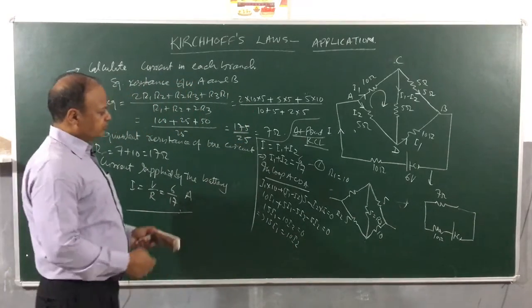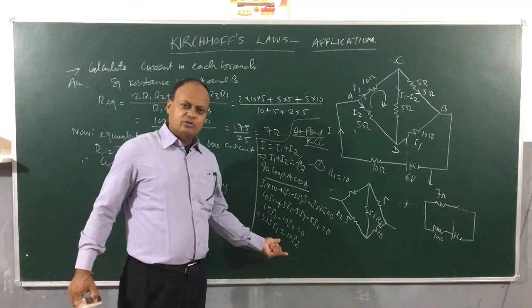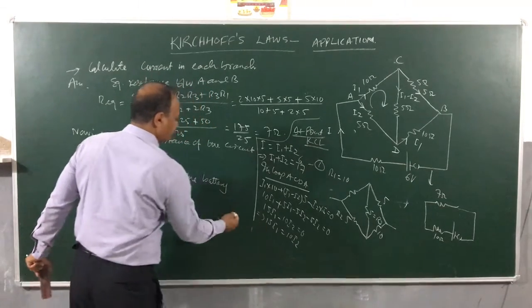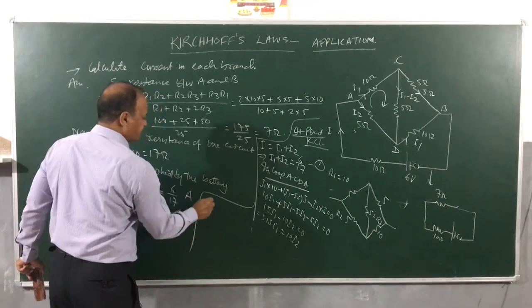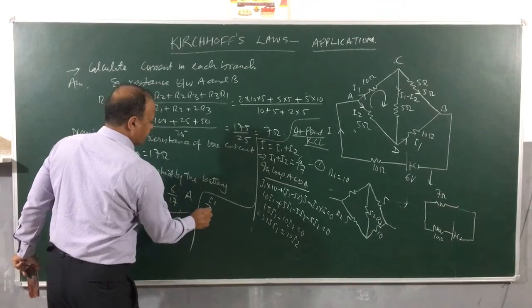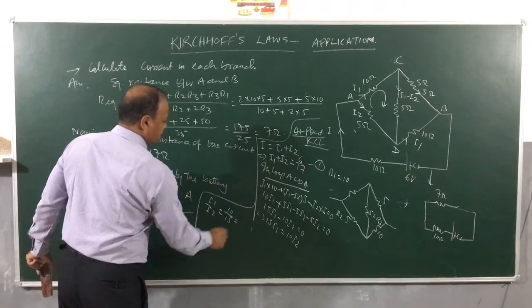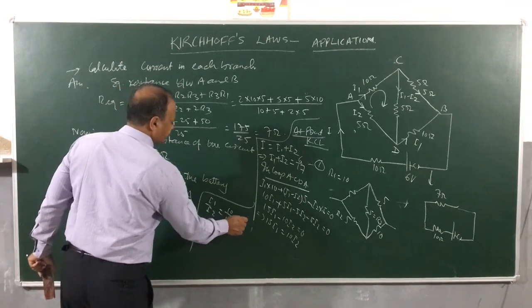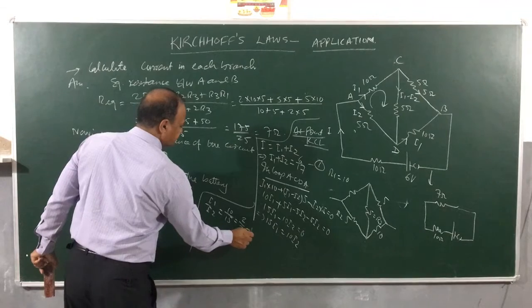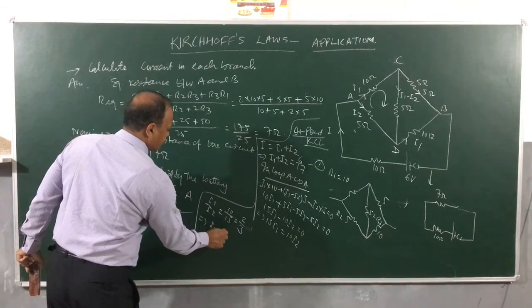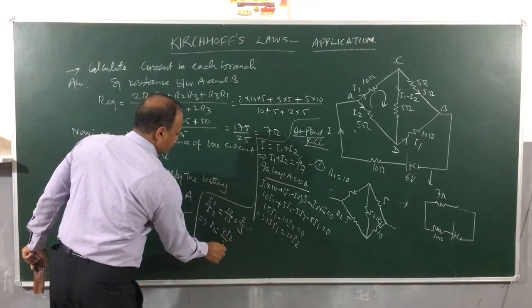And if I know 15 I1 is equal to 10 I2, then from here I can calculate I1 upon I2 is equal to 10 by 15 is equal to 2 by 3. So you can write here I1 is equal to 2 by 3 I2.